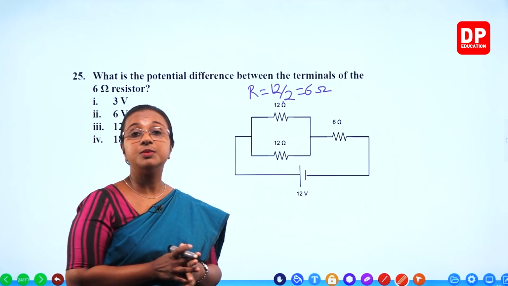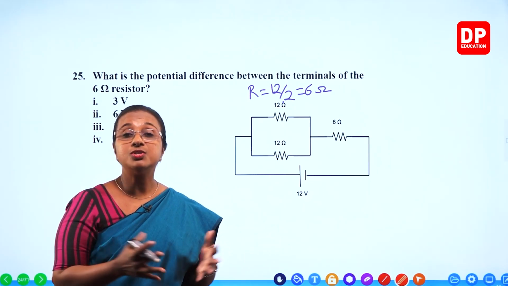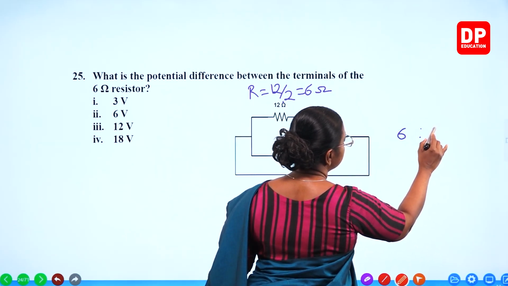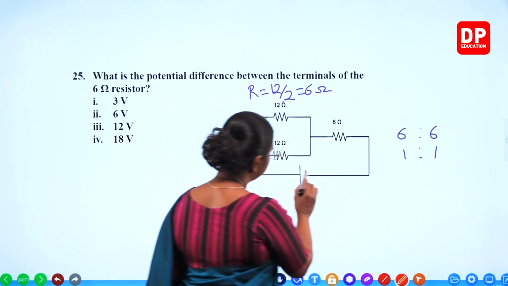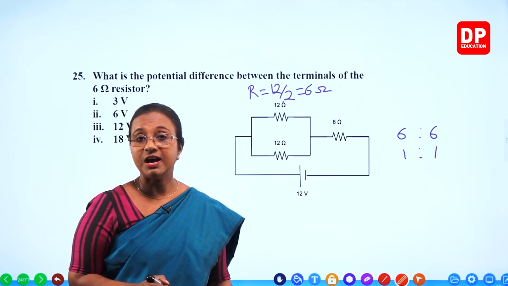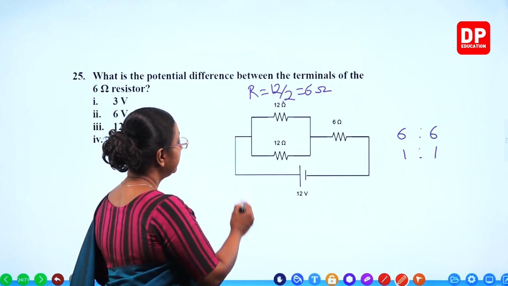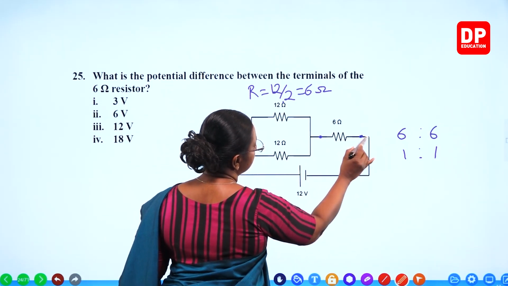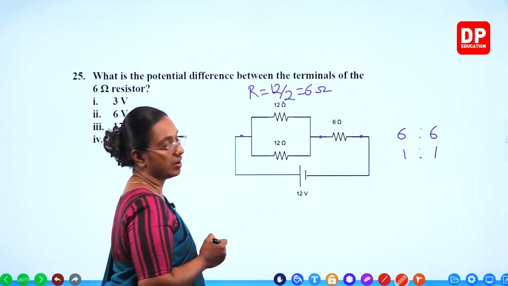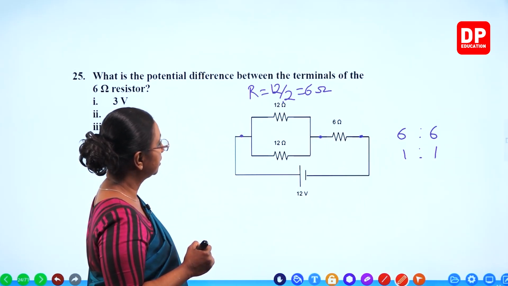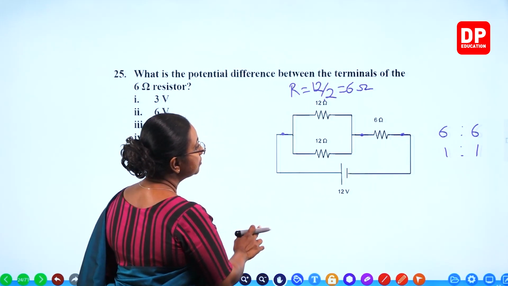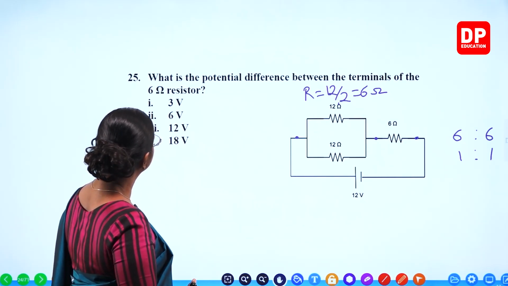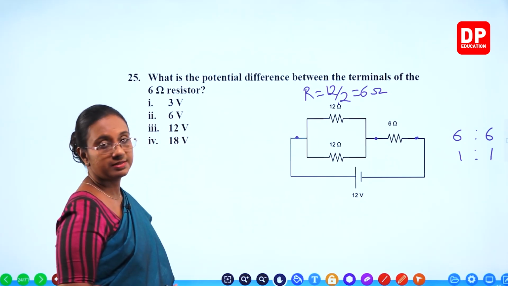Then what will happen to the potential difference? That also gets divided equally. Why? 6 is to 6, 1 is to 1. So therefore, the 12 volts gets divided equally. So here 6 volts is between these 2 points and 6 volts between these 2 points across the 2 components. So what is the potential difference between the terminals of the 6 ohm resistor?